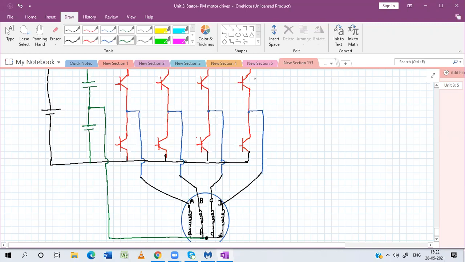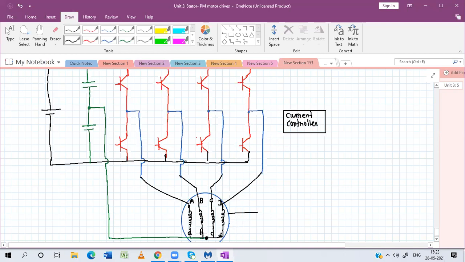Now we are connecting a current sensor, a current controller we can say. So here there is a current controller. We are connecting a position sensor.